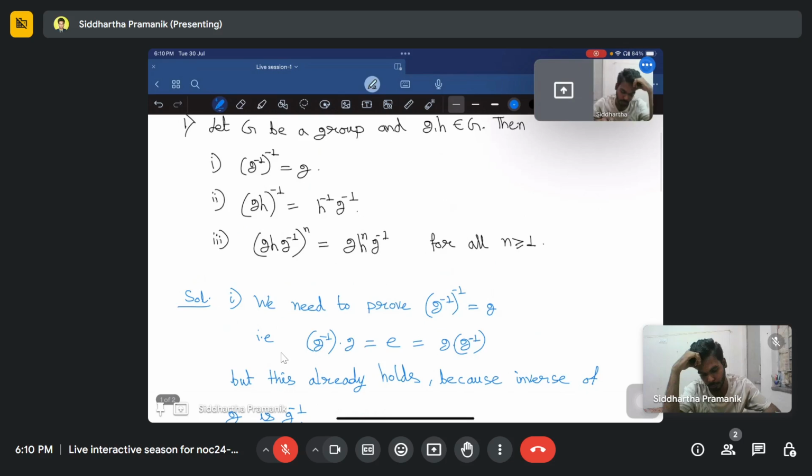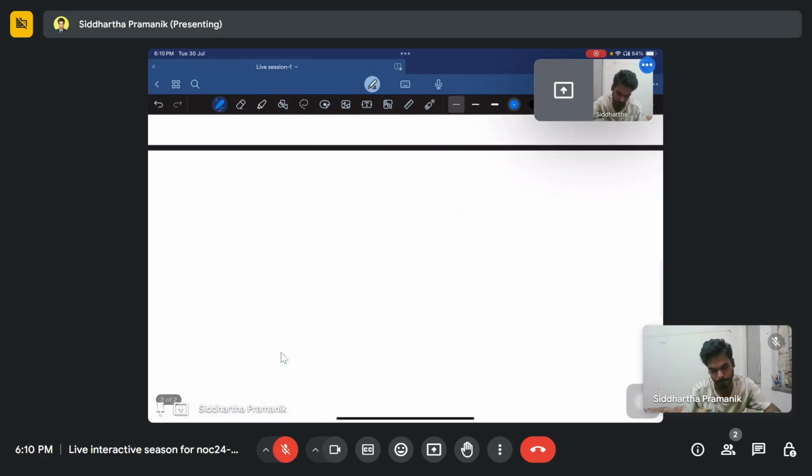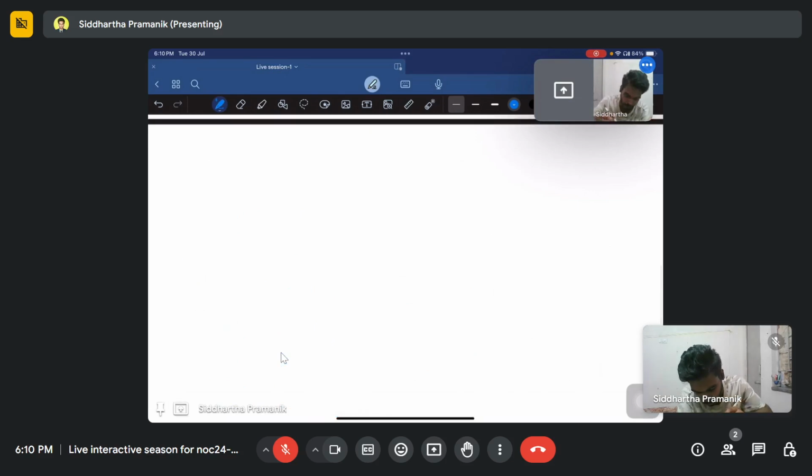so we need to prove the nth power of the element g h g inverse is same as g h^n g inverse. Okay. So we will prove this by induction on n. Okay, so let's do it.